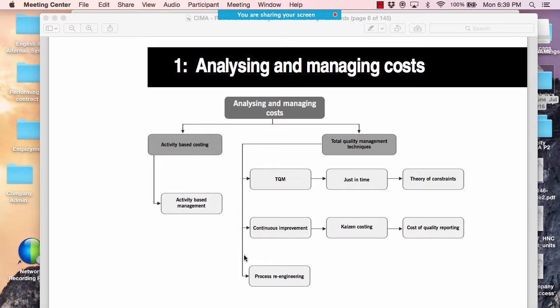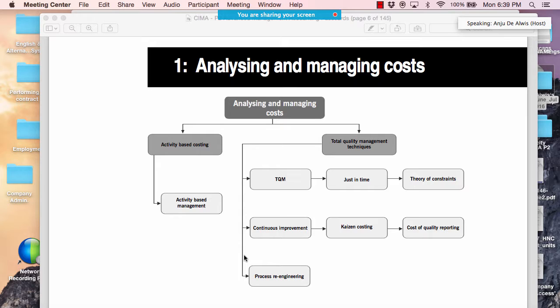What about TQM and just in time, theory of constraints, any of those? No, I just studied them. Yeah, same. I've just seen the theory. Theory aspect of it, which gets really boring and then you want to fall asleep, right?